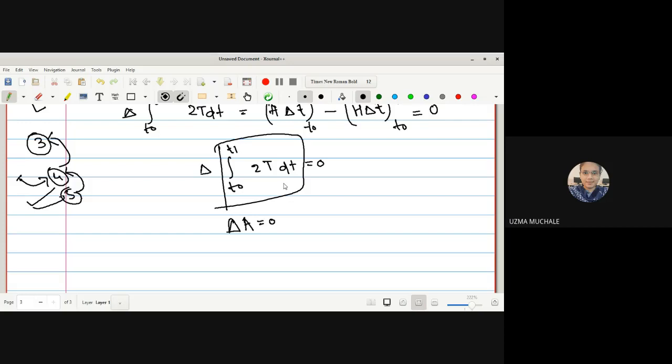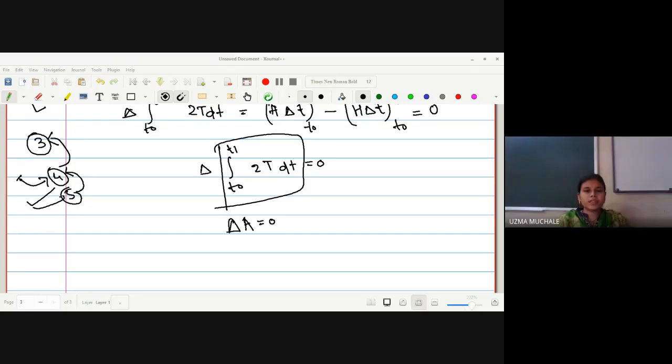After that, we derived Lagrange's equation of motion from Hamilton's principle. Then we saw modified Hamilton's principle. After that, we saw whether the new Lagrangian also satisfies Lagrange's equation of motion. Then we derived Hamilton's canonical equations of motion. I told you that these are very important from the examination point of view, MCQ, as well as for NET examinations.